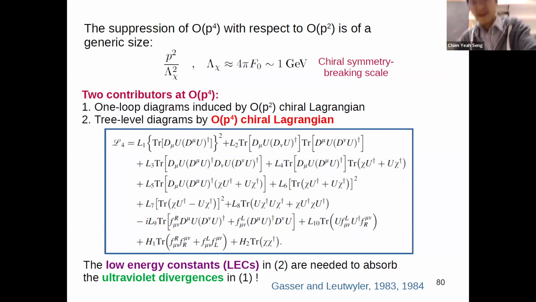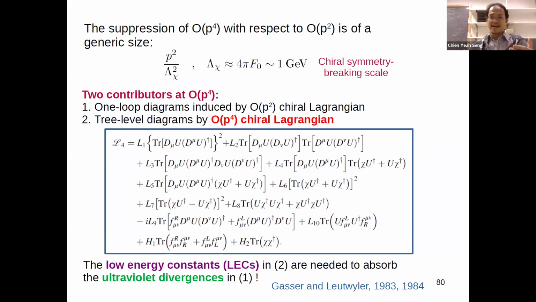So we just mentioned that applying O(P^2) at one loop gives you O(P^4), but that's the one loop result. At the same time, you can also write down a tree level Lagrangian, which is by itself O(P^4). And that Lagrangian consists of many more terms than the leading order Lagrangian. It has so many terms, and it was first written down by Gasser and Leutwyler.